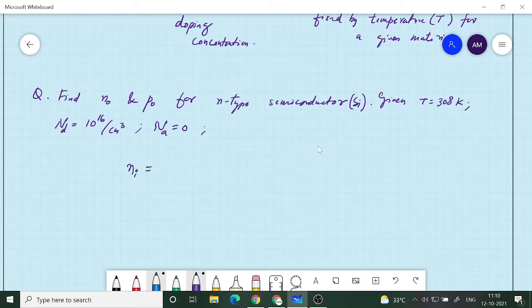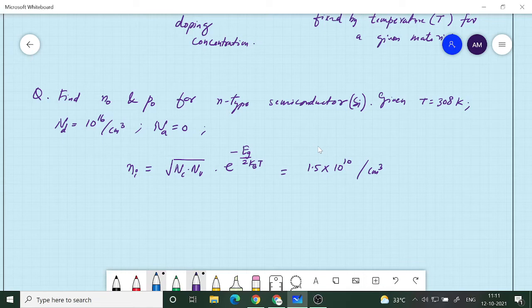So ni you can find by using the formula that we derived yesterday, that is the square root of Nc into Nv into e raised to minus Eg by 2kBT. You take the effective masses of electrons and holes in the silicon semiconductor, so you can get all the constants in Nc and Nv, and then you put in 300 Kelvin and you will get 1.5 into 10 raised to 10 per centimeter cube. So that is ni.